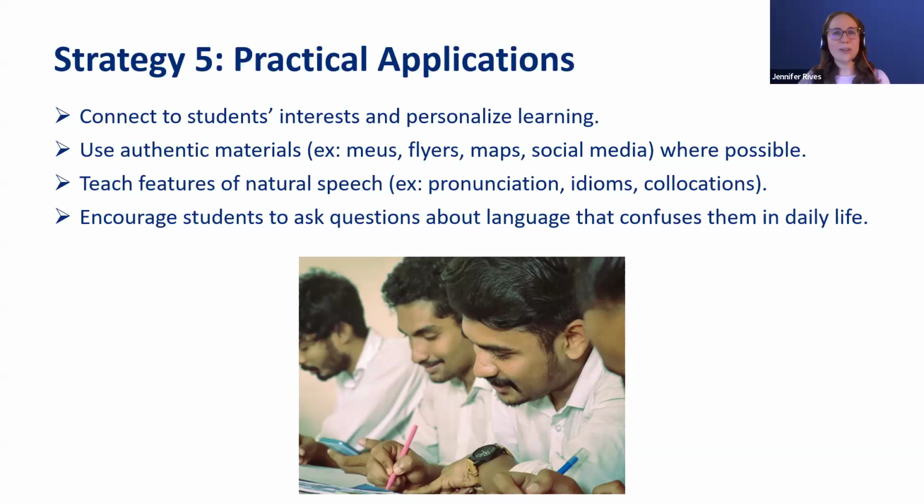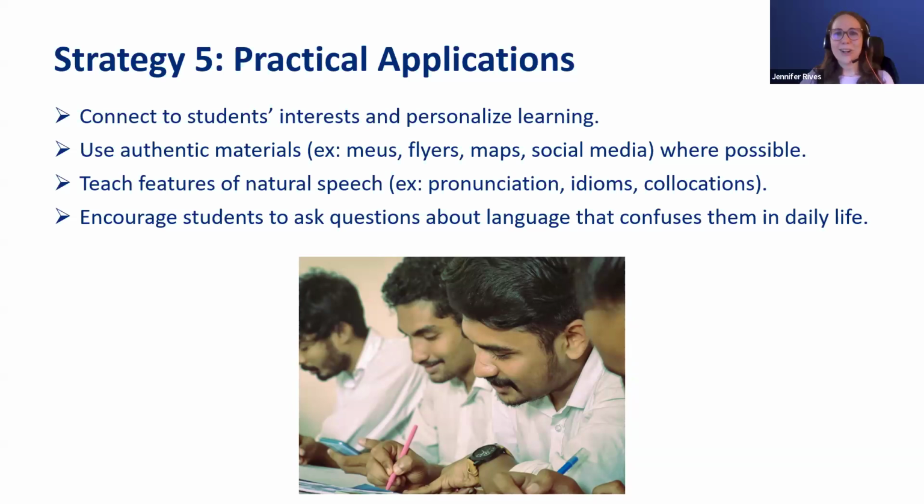One thing my students always loved was when I taught them features of natural speech that they could encounter in conversations. They especially loved when I taught them American English pronunciation features, common idioms, which are expressions that are established in the language whose meaning can't be understood from the literal meaning of the words, such as it's raining cats and dogs for it's raining heavily.